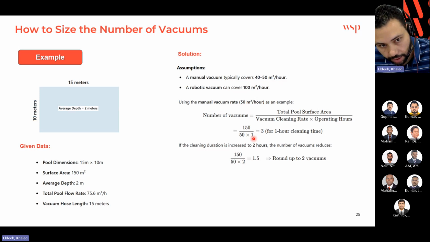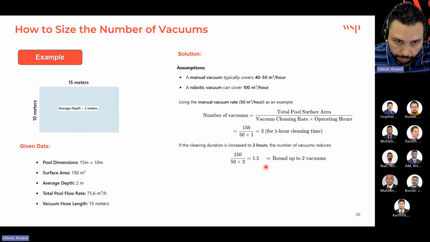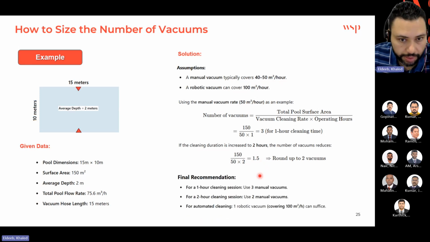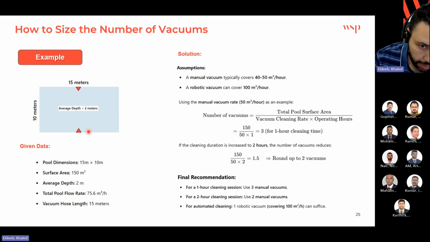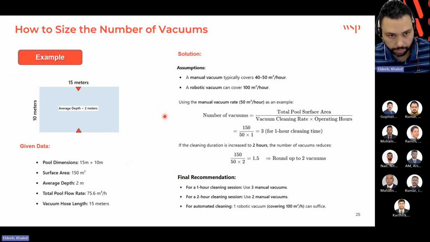So if you calculate based on 1 hour of cleaning, we have a big number; if we allow more hours, it becomes a smaller number. I will take 2 vacuums instead of 3, because it is a medium pool and 2 is enough. Remember the hose is 15 meters. In the middle we have 7.5 and 7.5, so your hose will be enough to cover and overlap with the other side, ensuring the entire pool is reachable.